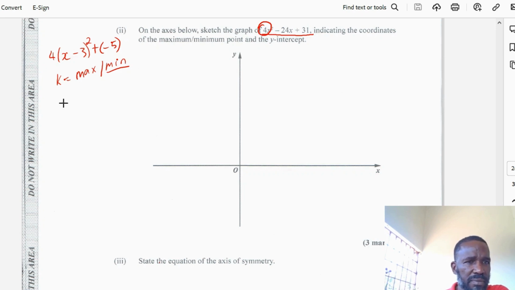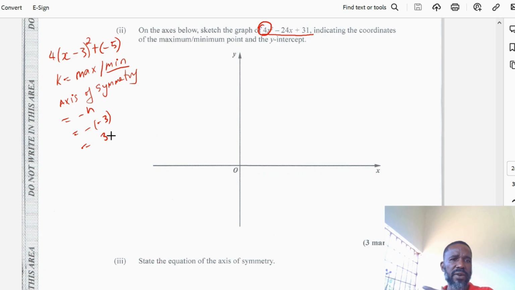In addition to that, our axis of symmetry is always equal to negative h. So whatever the h value is, it's always equal to the negative of that. So negative of negative 3 is going to be equal to 3.